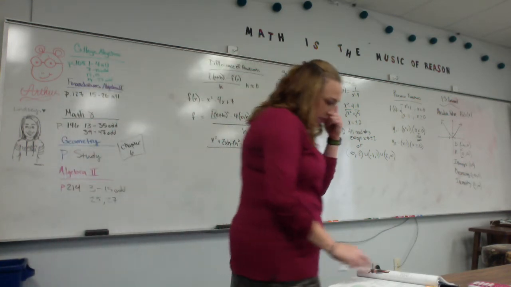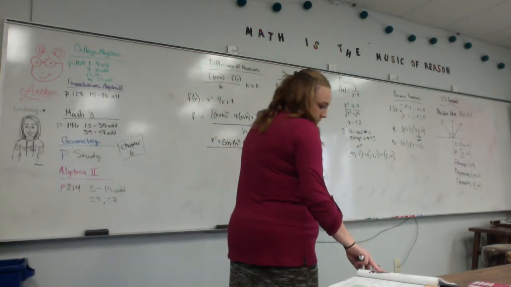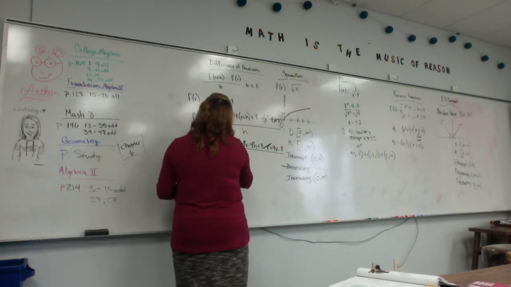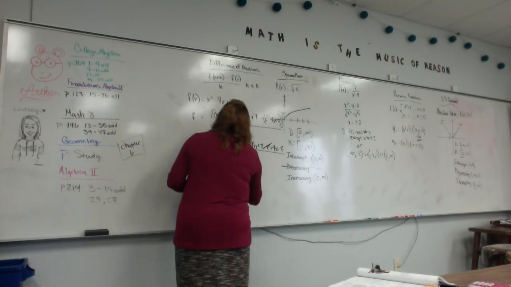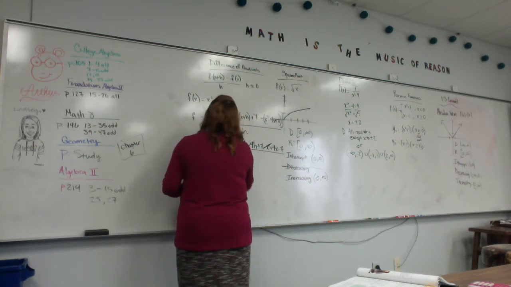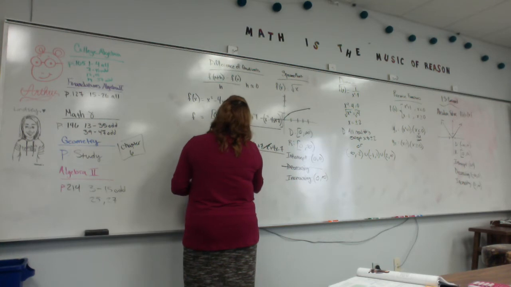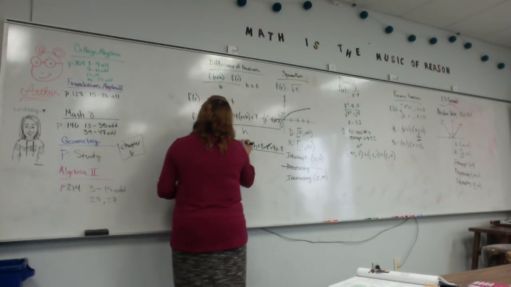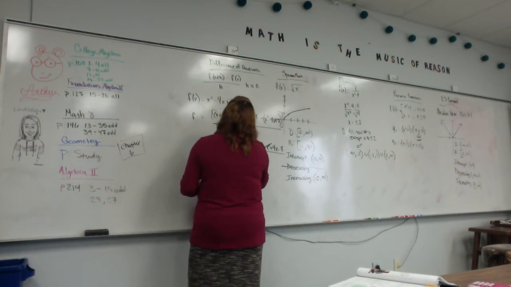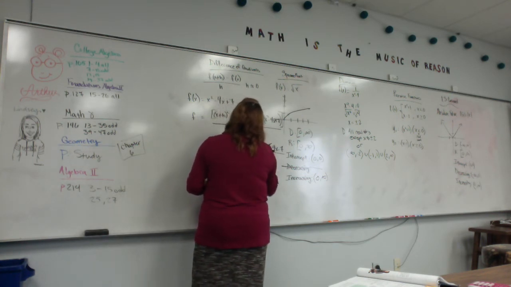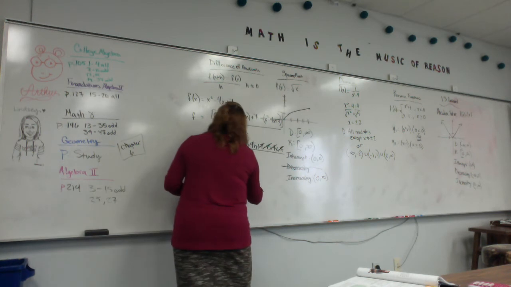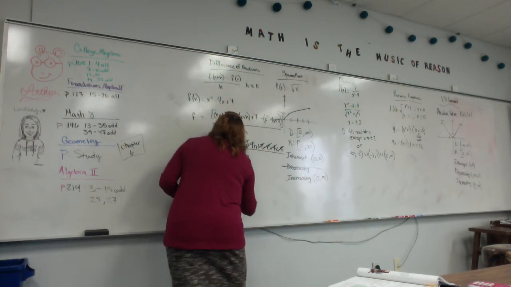From there, we combine like terms. My x squareds cancel. I have 2xh, I have h squared, negative 4x and positive 4x cancel, I have negative 4h, and my 7's cancel. So now I have an equation that looks like that.